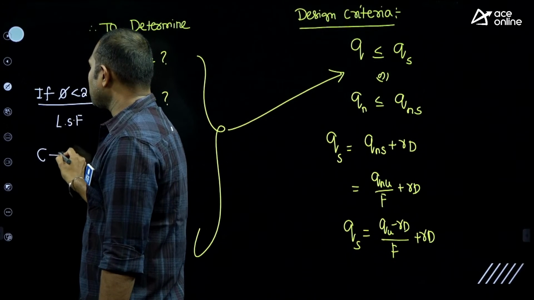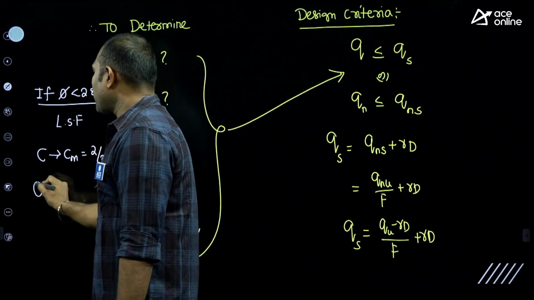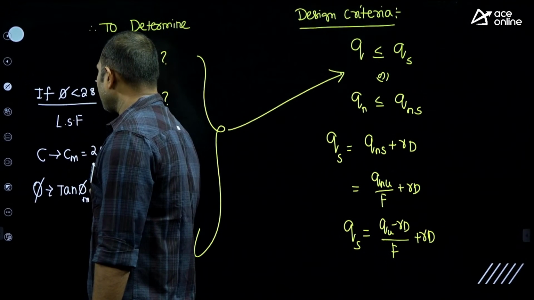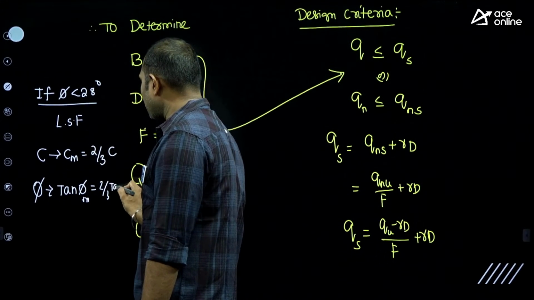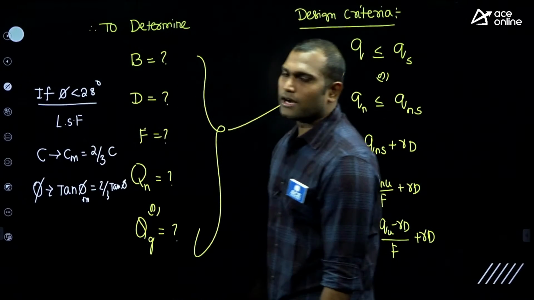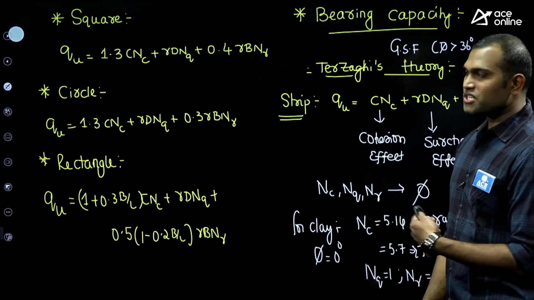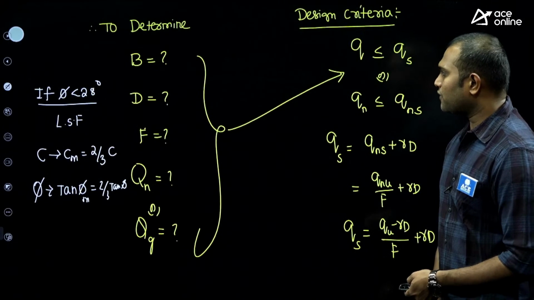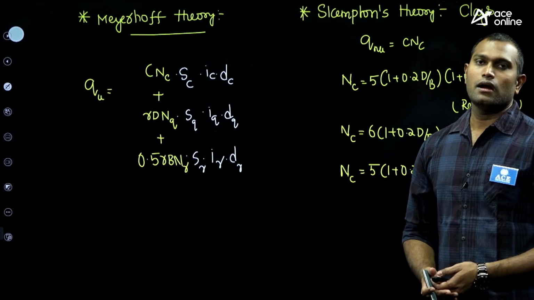Then you have to use c as cm, which is 2/3 of c, and phi as tan phi m, which is 2/3 of tan phi. So in the case of that equation, the equations are the same, but instead of c we use cm, and instead of phi we use tan phi m. So these are the models that one can expect from Terzaghi's theory.